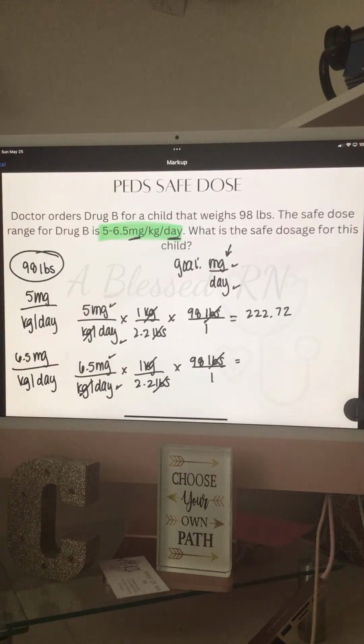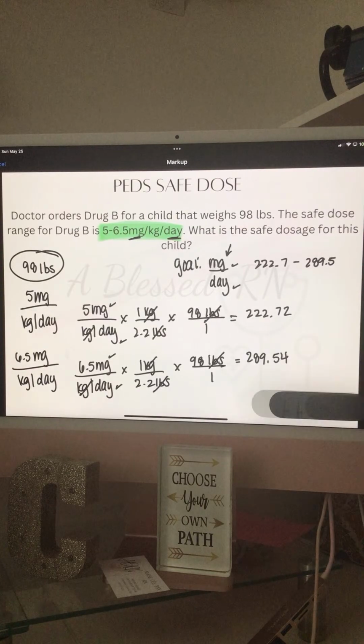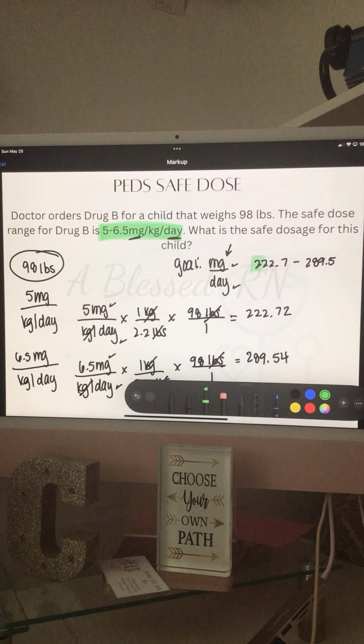So 6.5 times 98 divided by 2.2 is 289.545454. So that would be your safe dose range. I'm just going to round it to the nearest tenths real quick. So this would be the safe zone.